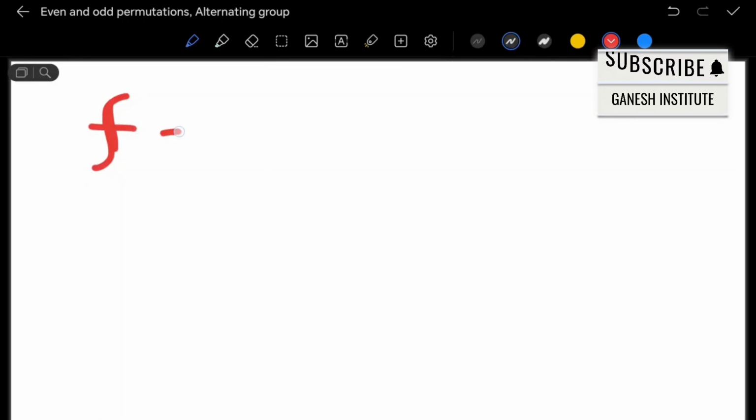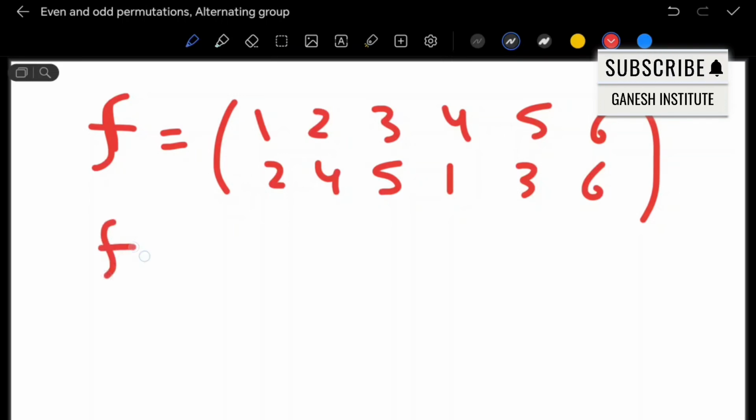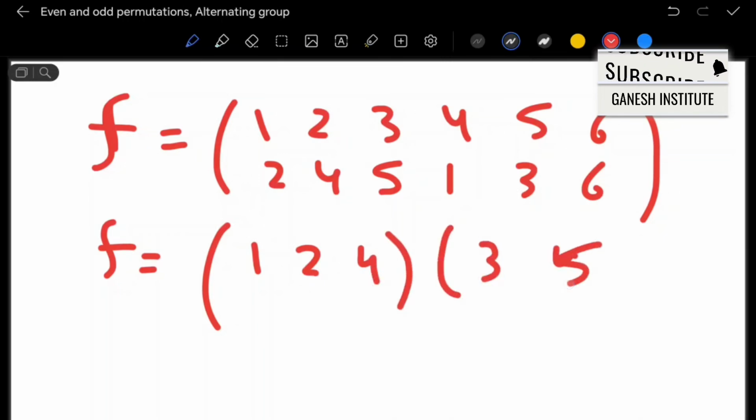Now let's say I'm having this permutation on 1, 2, 3, 4, 5, 6. There is a set having 6 elements and the permutation goes like this. Can I break it into a product of cyclic permutations?